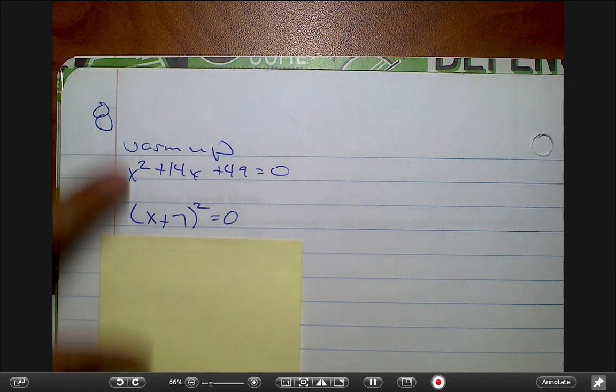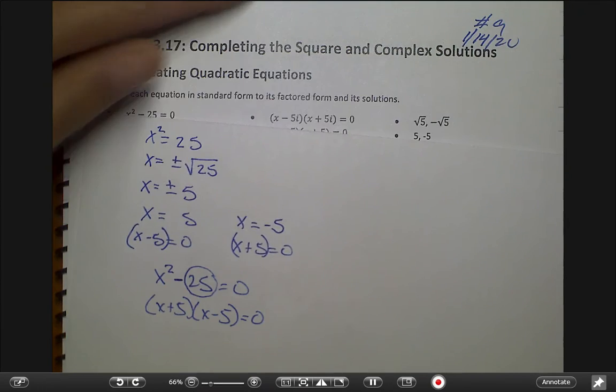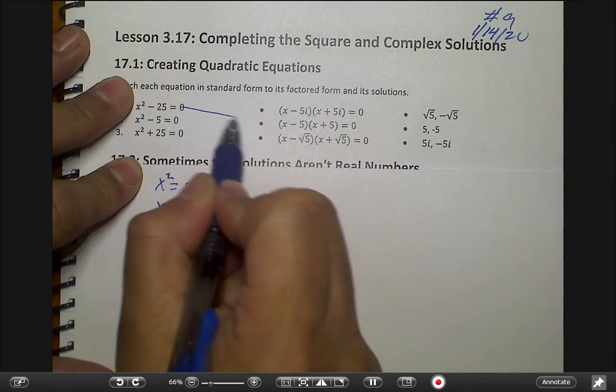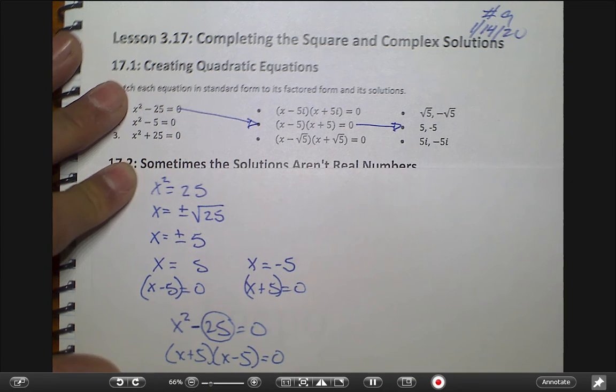You have to be able to identify these things. So this first one goes to that there, and then we get plus or minus 5 right there.